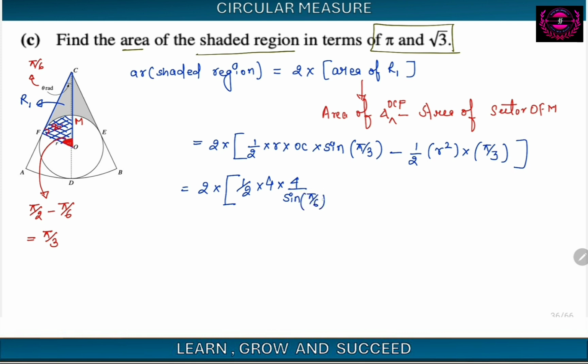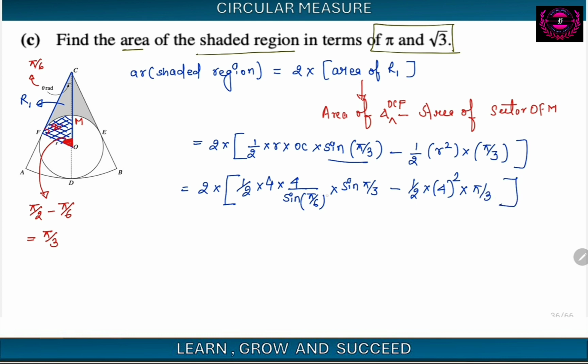Theta is pi by 6, into sine pi by 3, minus half into r square, 4 square, pi by 3.